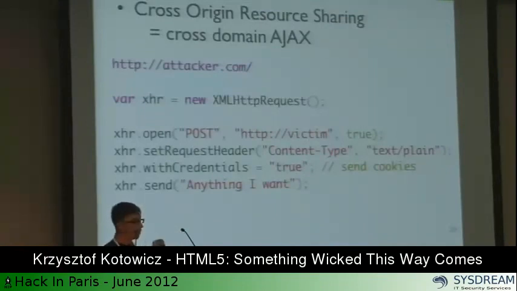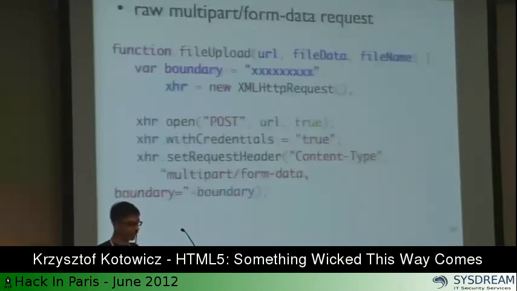And what is important, within the post body, I can send anything I want. This doesn't have the limits of the usual form submit method of submitting a form quietly. What I'm actually doing is I'm using the cross-origin resource sharing to construct a multipart form data request. This is the most popular MIME type for handling file uploads in the internet.